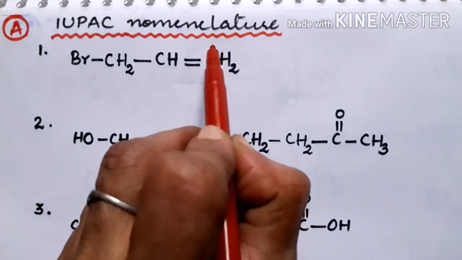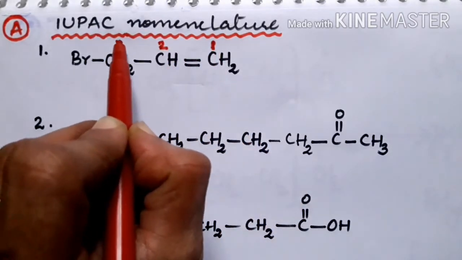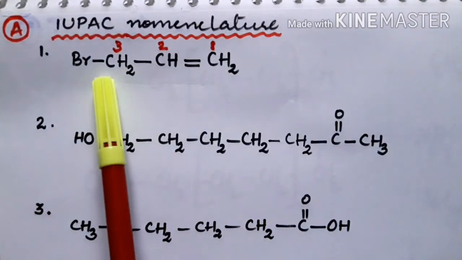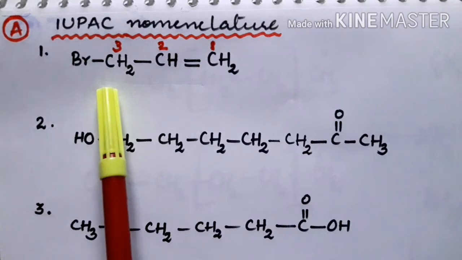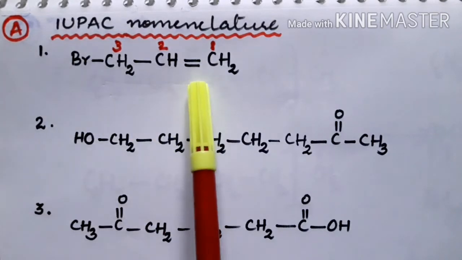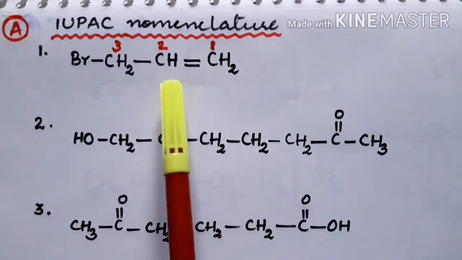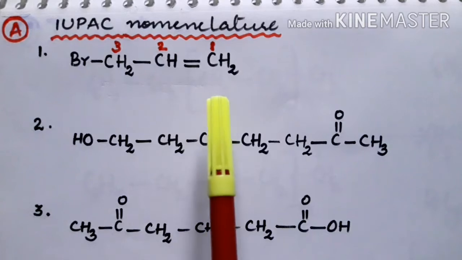So the carbon chain will be numbered as 1, 2, 3. How many carbons are there? 3 carbons are there. So it is a derivative of propane. But we have a double bond. So where is the position of the double bond? It is in between the first and the second carbon. So it should be propene.